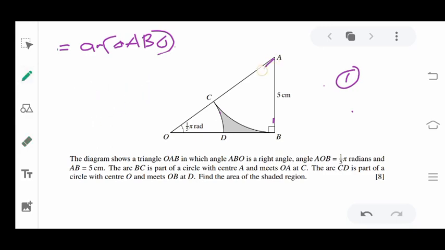We know that the length AC is also 5 centimeter, because AB is 5 centimeter and AC is the next radius. And if we know the length OA, from OA, if you delete the length AC, that means 5 centimeter, we get the length of OC, which is the radius of the sector.